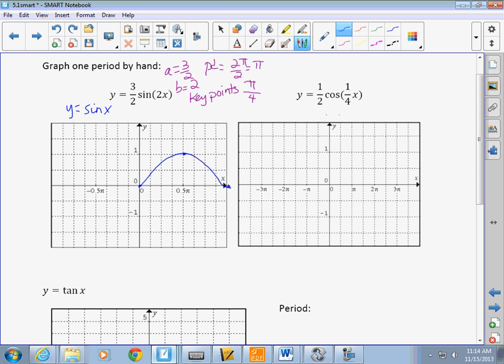So if my whole period is done in pi, so this is pi here, every pi over 4, I need a key point. So that means here's pi over 4, here's pi over 4, there, and then that's my last one here at pi.